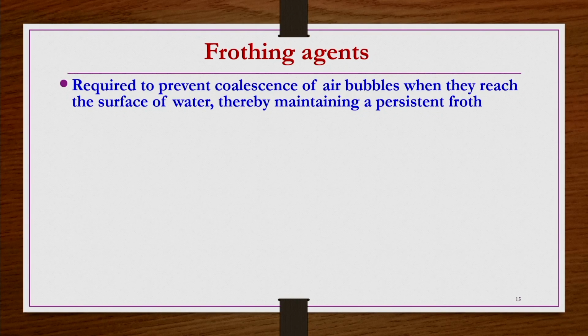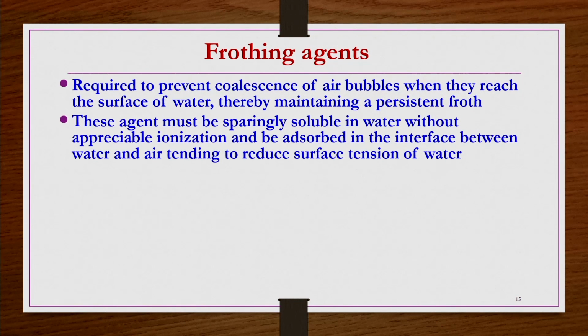Okay. So, they are known as the frothing agents. These are required to prevent coalescence of air bubbles when they reach the surface of water, thereby maintaining a persistent froth. These agents must be sparingly soluble in water without appreciable ionization and be adsorbed in the interface between water and air, tending to reduce surface tension of water.